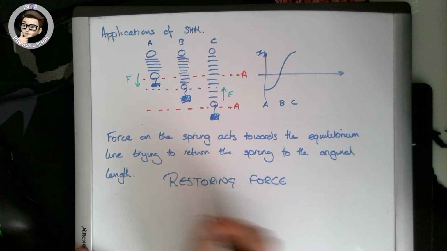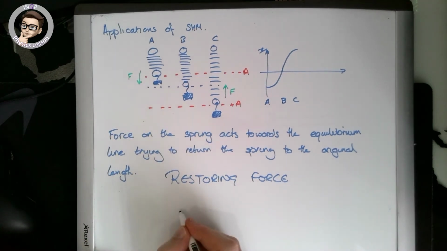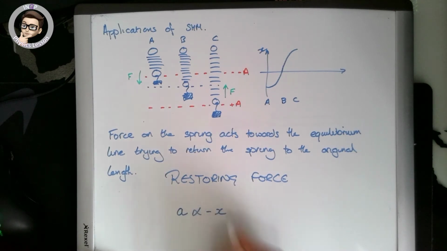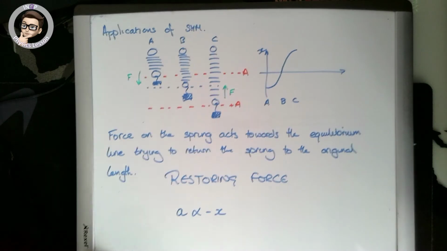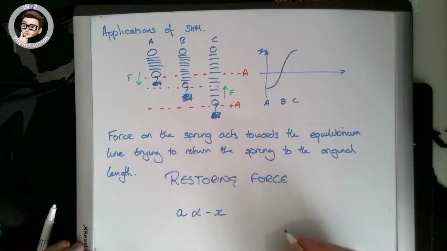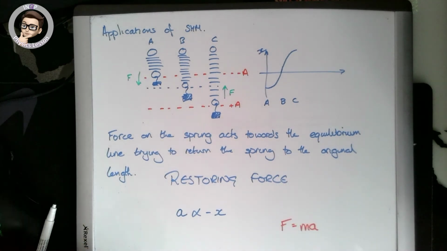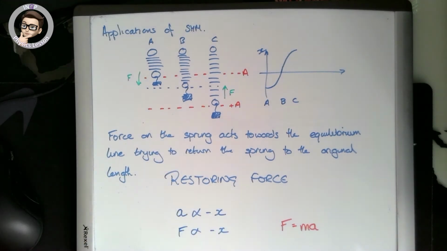Now, we already knew this. This shouldn't be anything new because in the last couple of videos, we've talked about the fact that acceleration is proportional to the negative displacement. And if we know Newton's second law, which hopefully we do, F equals ma, then we can also say that the force must be proportional to the negative displacement.